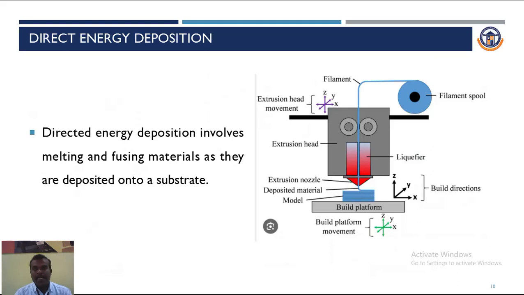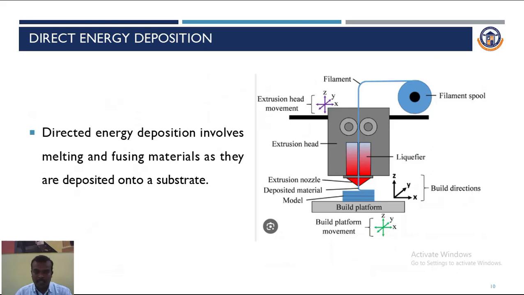And then the next thing is the direct energy deposition method. In direct energy deposition, the raw material will be in solid form. Directly we can melt it and solidify it. Direct energy deposition and direct metal deposition are the same thing, also called DMD, and fused deposition modeling is a similar method.